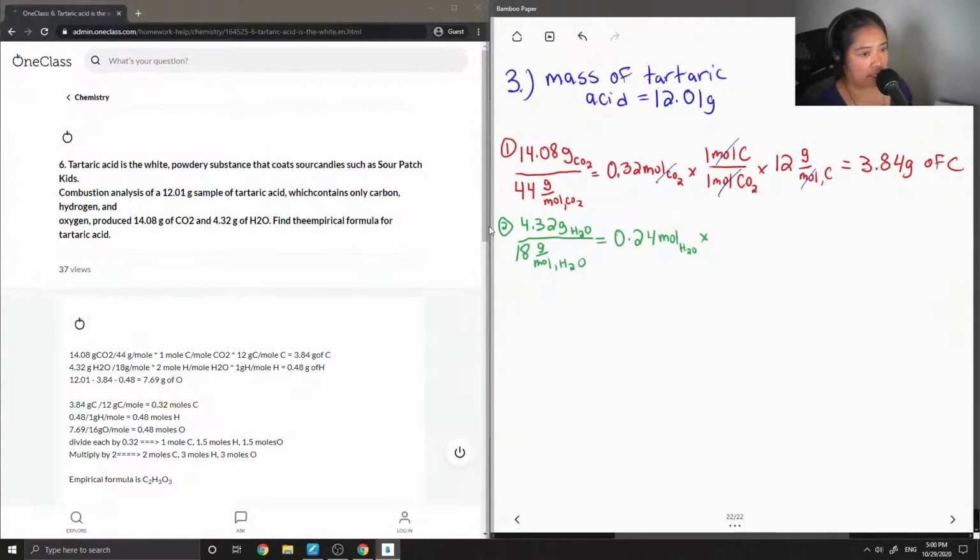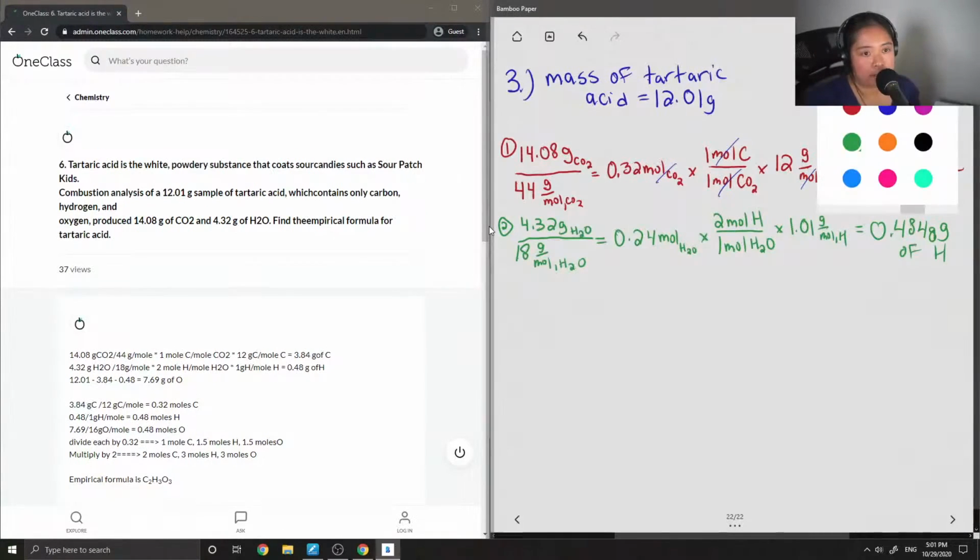Then to find the moles of hydrogen, there are 2 moles of hydrogen for every 1 mole of water, because it's H2O. Then multiplying by the molar mass of hydrogen, which is basically 1 gram per mole, we end up with 0.4848 grams of hydrogen.